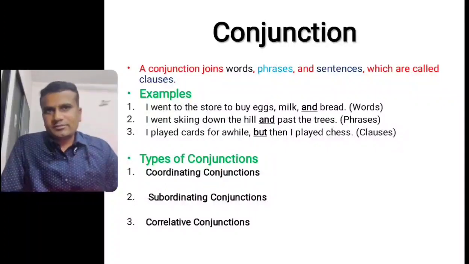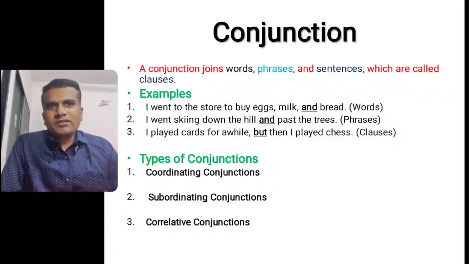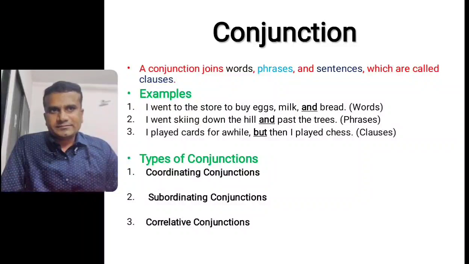In the first example, you will see, I went to the store to buy eggs, milk and bread. Here, three words are there, that is eggs, milk and bread. Here, words are joined by the conjunction, and here and is the conjunction which is underlined.